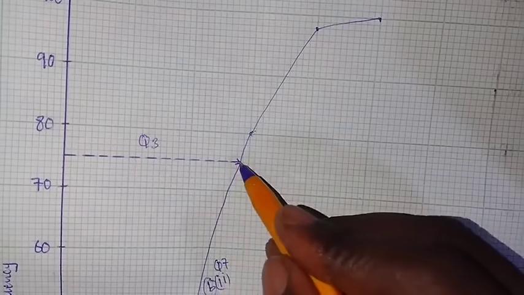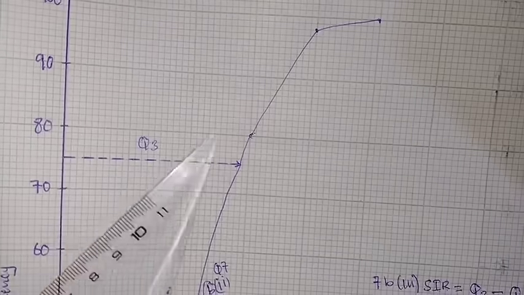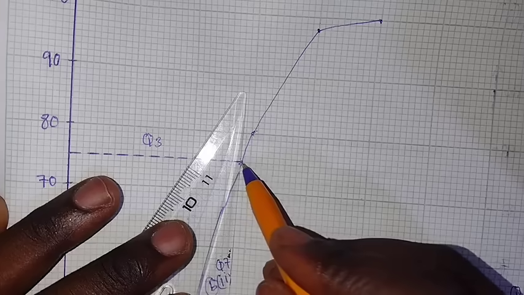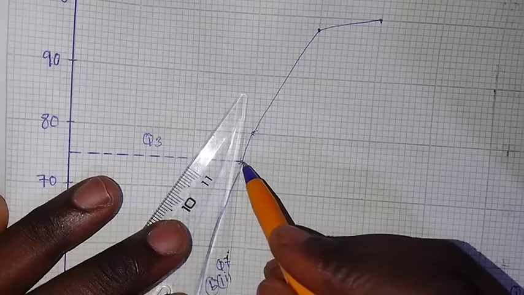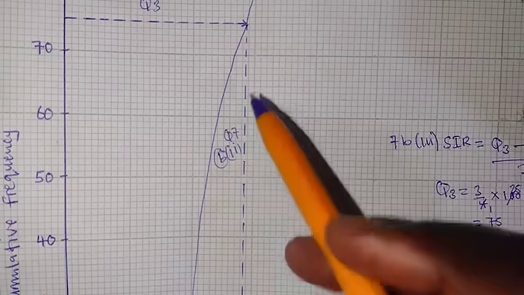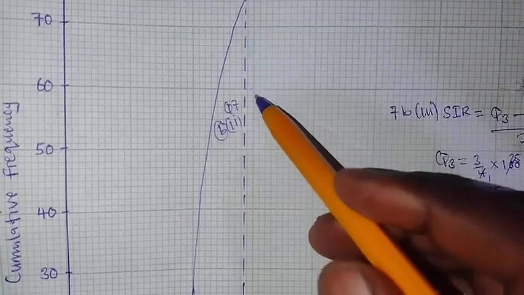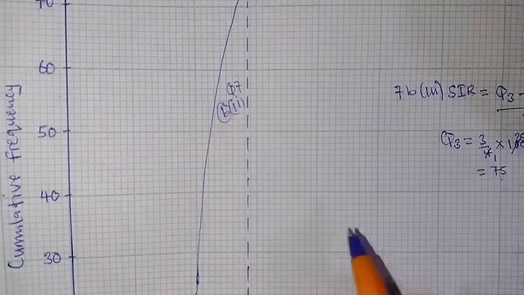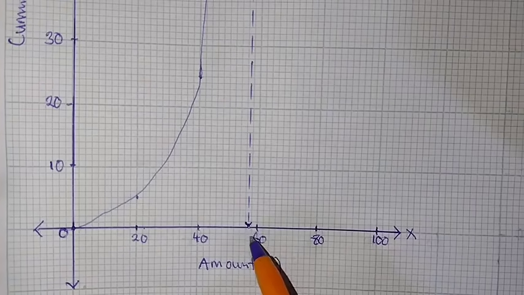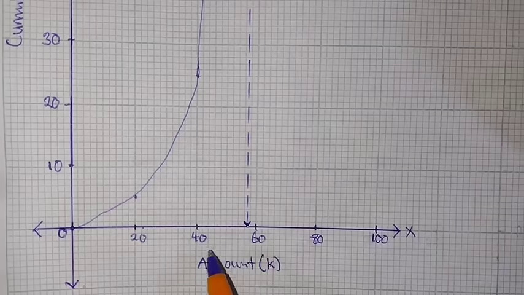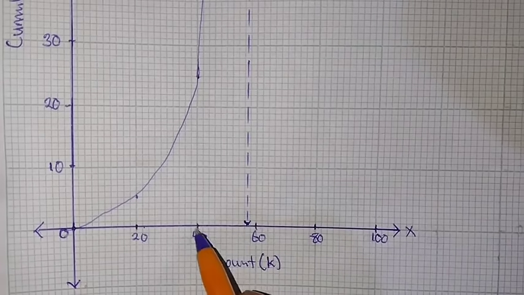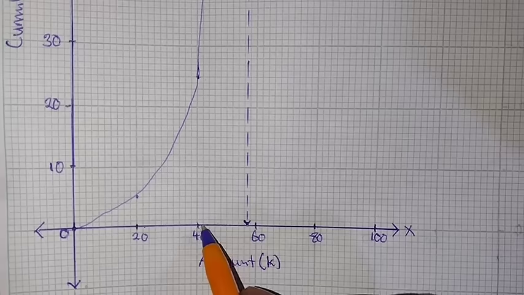Now, where it's touching the curve, again you need to get your ruler and drop it down to the x-axis. You can see I've dropped it down from here with a ruler until you reach here. On the x-axis, remember it's 20 units from 40 to 60, so to move from one box to the next they are counting 2.